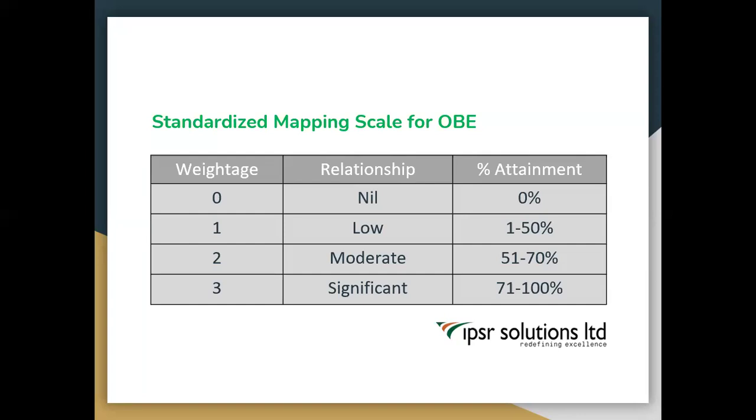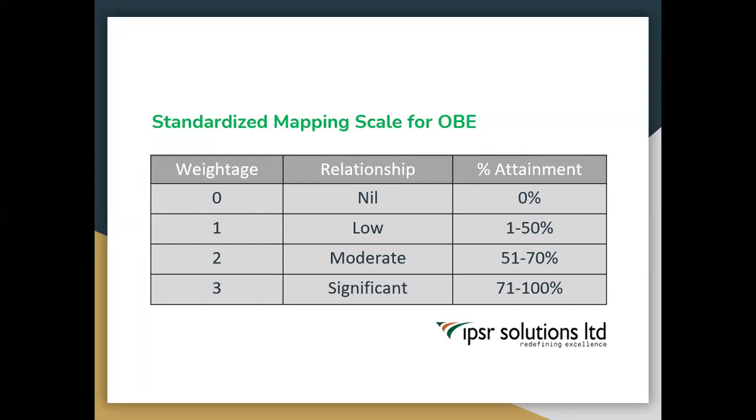Here I am giving 1 to 50% for low relationship, weightage 1; 51 to 70% interval, moderate, weightage 2; and significant means weightage 3, with the interval 71 to 100%.